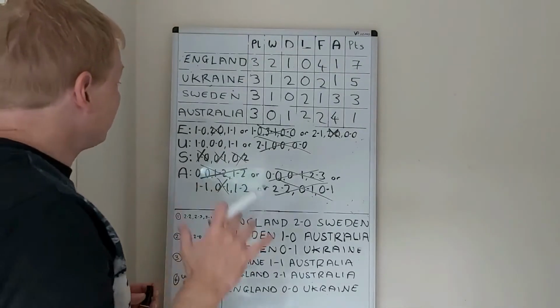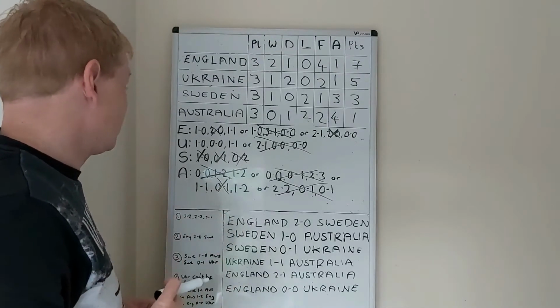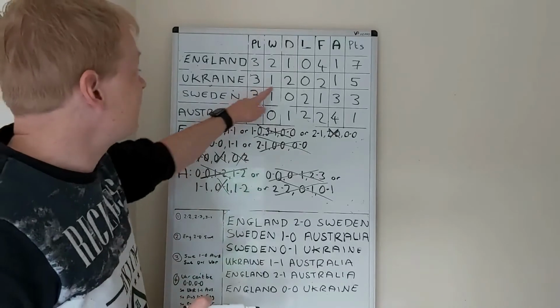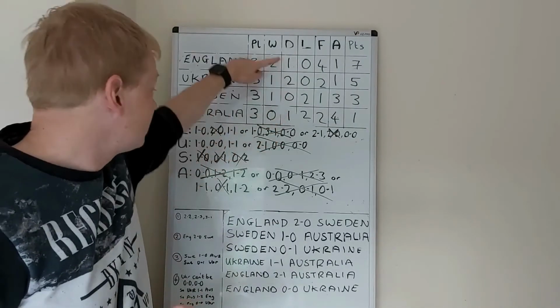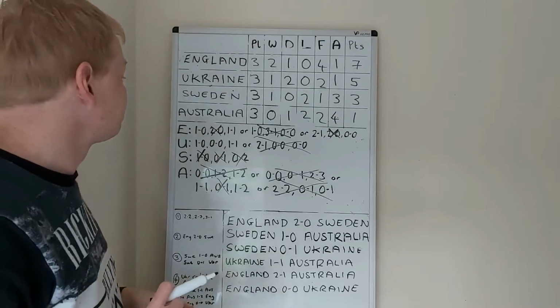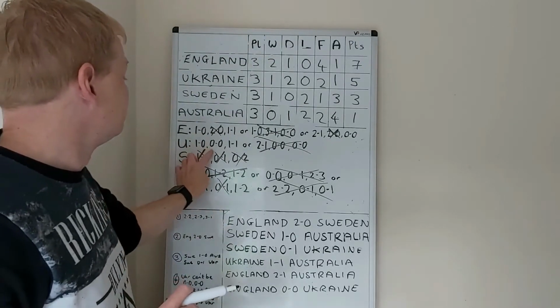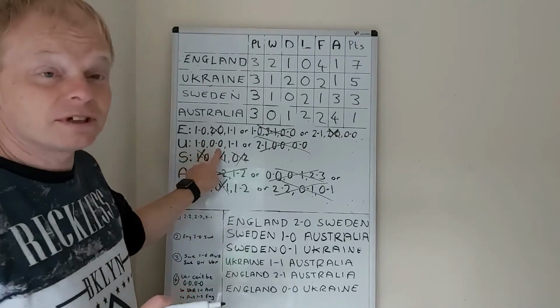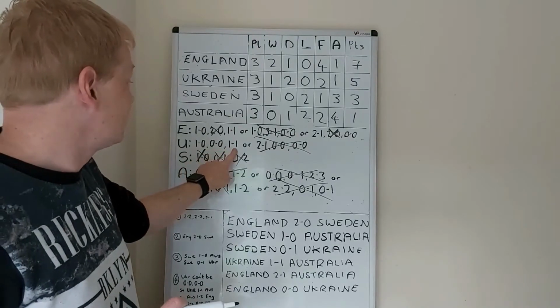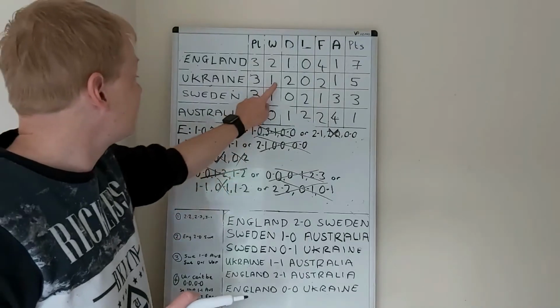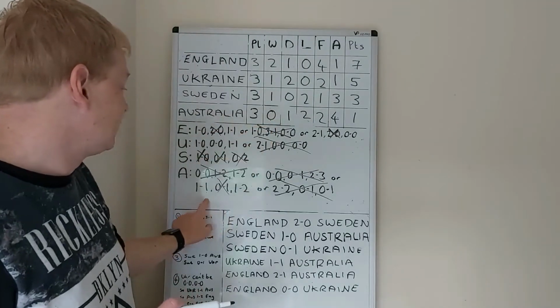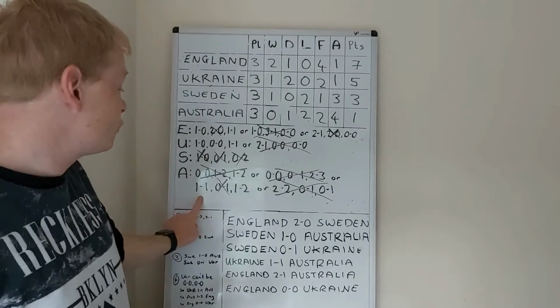Now, let's have a look at the draws. We know that Ukraine have drawn two results, one against Australia, one against England. Ukraine have drawn a 0-0 and a 1-all. Looking at England, it could be either one of those. But they've also drawn against Australia, and we know here that Australia drew 1-all.